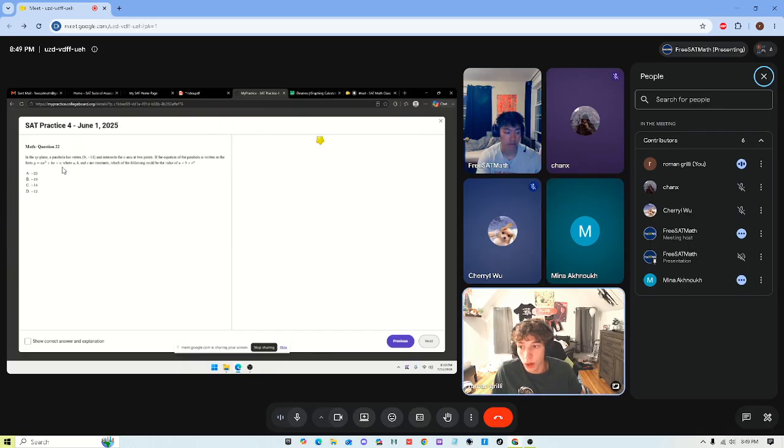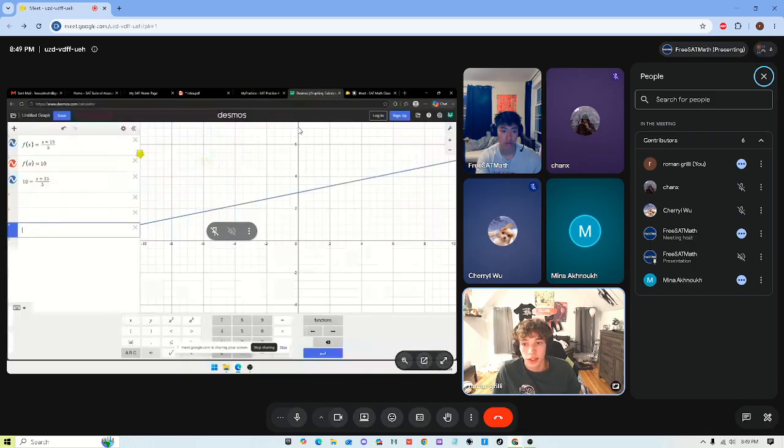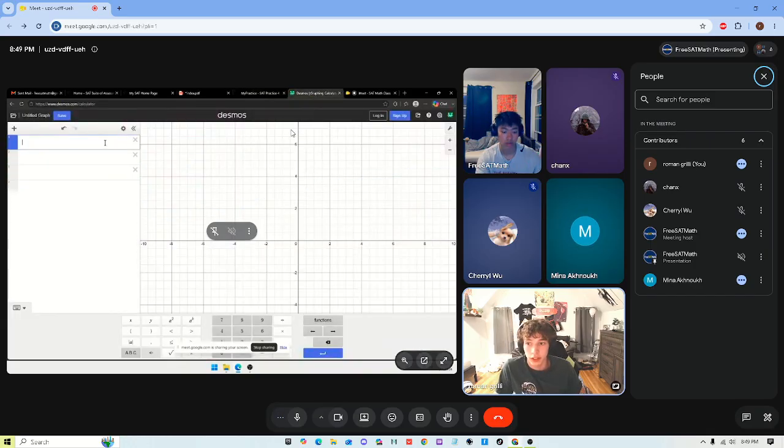If x were to equal 1, the y value would just equal a + b + c. So what we can do is graph this using vertex form, which you should also learn: y = a(x - h)² + k. So go to Desmos and graph it using vertex form.